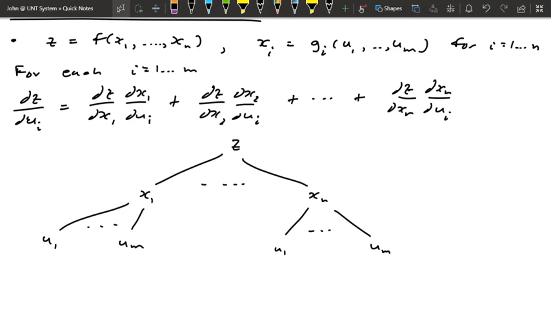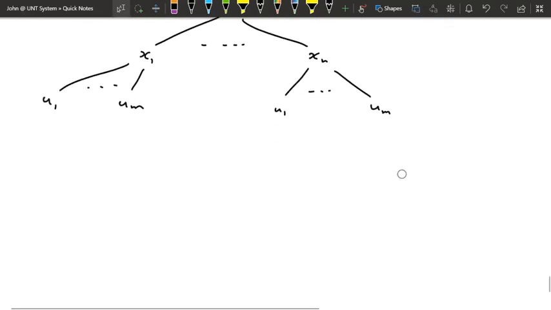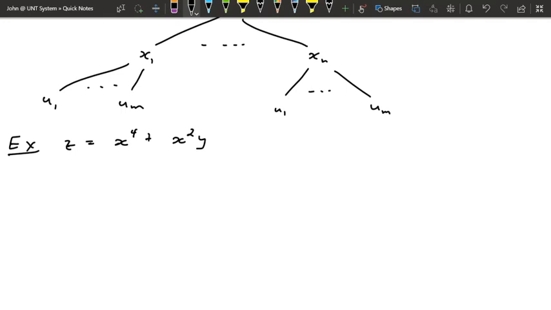Okay, so let's just do one example of the most general form. So let's say z is equal to x to the 4 plus x squared y. And in turn, x is a function of three variables, s, t, and u. x is s plus 2t plus u.